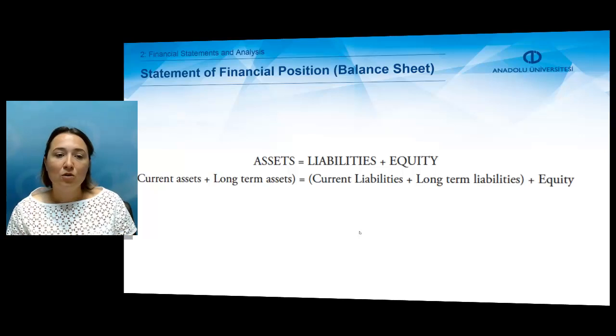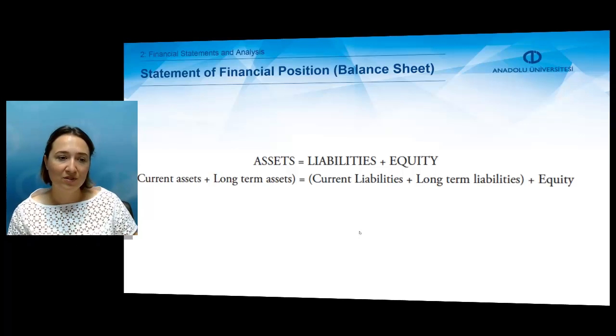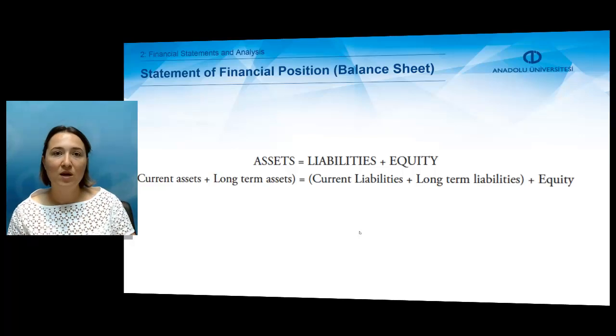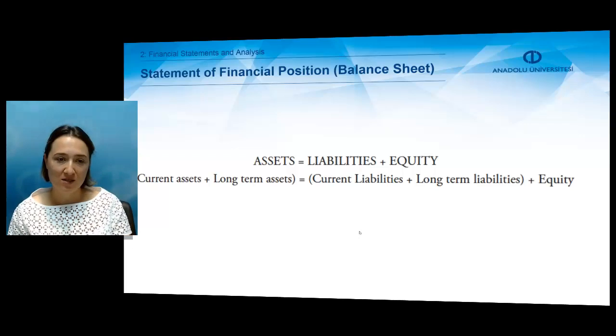Current assets and long-term assets together compose the total assets. If we sum up the two items, current assets and long-term assets, we will reach total assets. This is the first part, the left-hand side, of our equation.